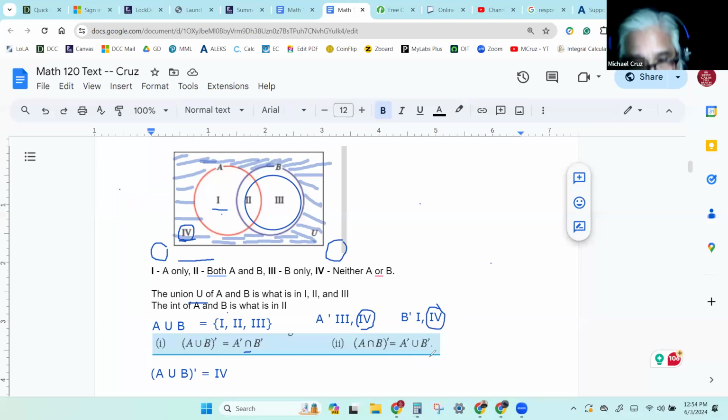If you can see that pattern from one side to the other, it would be very helpful, especially in chapter 3. But this is how set operations work.